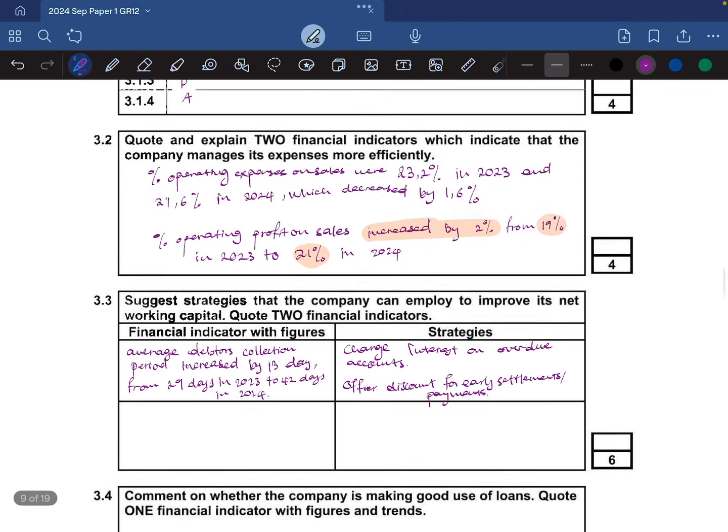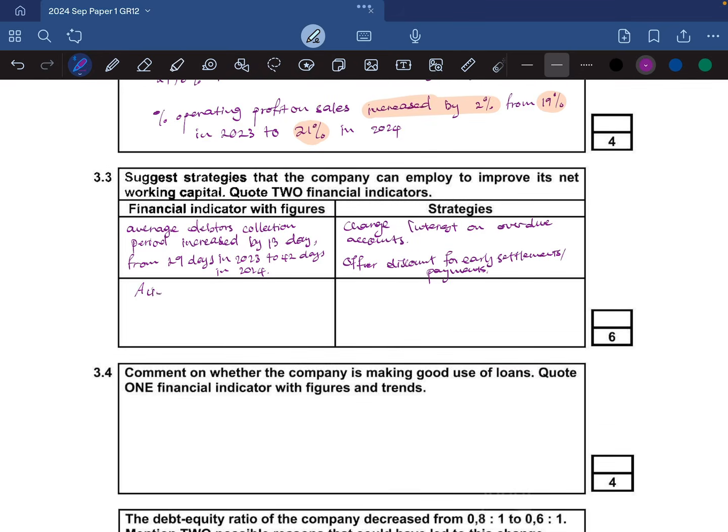So we're going to say our asset test ratio decreased from 1.3 is to 1 to 0.6 is to 1. Okay, so this was 2023, this is 2024.